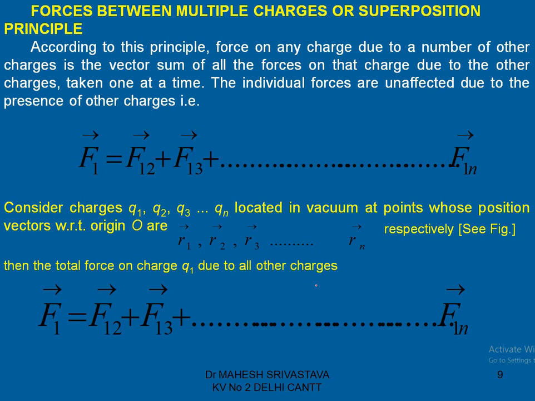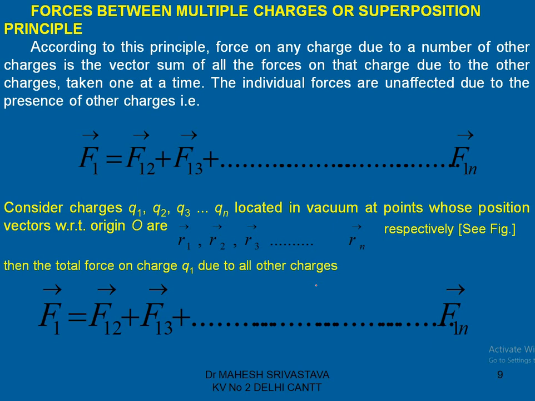Now further we find out the expression. For that purpose we consider the charges Q1, Q2, Q3, so on Qn, located in vacuum at points whose position vectors with respect to the origin O are R1 vector, R2 vector, R3 vector and so on Rn vector.